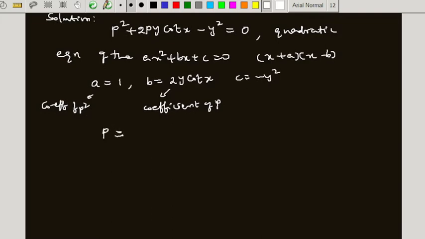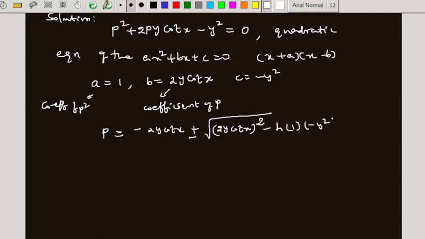So p equal to minus b plus or minus square root of b square minus 4ac, divided by 2a. Here b is 2y cot x, so b square is (2y cot x) whole square, minus 4 times a, which is 1, and c, which is minus y square, dividing by 2 times a.